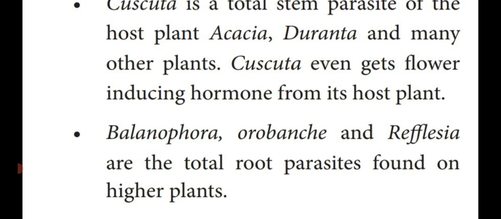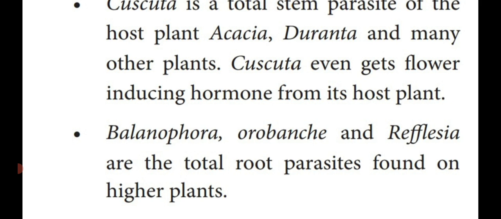Another example, Balanophora, Orobanche and Rafflesia are the total root parasites found on higher plants. Total root parasite means from the root itself they take, what is that? Food as well as water and mineral salts.